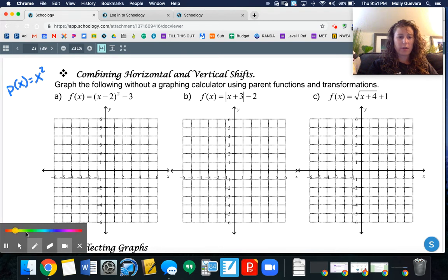And I should know, because we took algebra 2 and we all passed algebra 2, that the parent graph of x squared is 0, 0, 1, 1, 2, 4, 3, 9, and negative 1, 1, negative 2, 4, 3, 9. So those are my quote-unquote parent graph points.